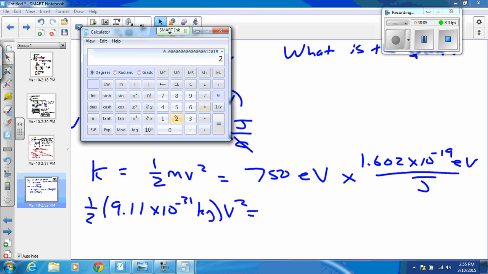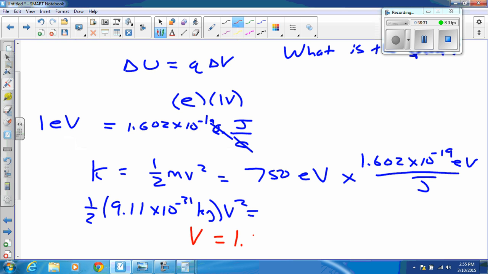But when I multiply by 2, and then when I divide by the mass of the electron, which is very much smaller, I get a humongously large number. So that when I take the square root, I get 1.6 times 10 to the 7 meters per second, which is pretty blinking fast.